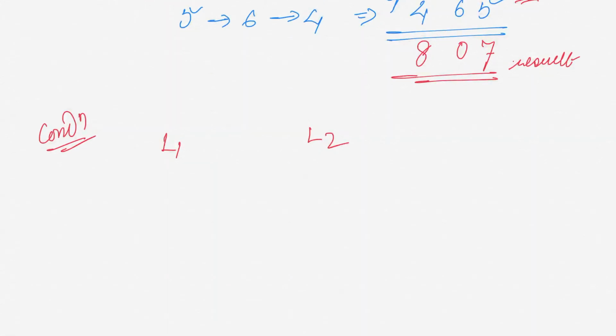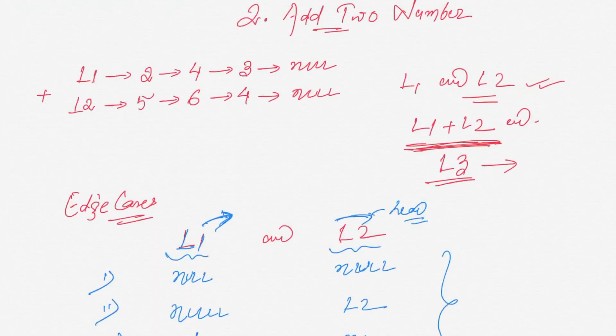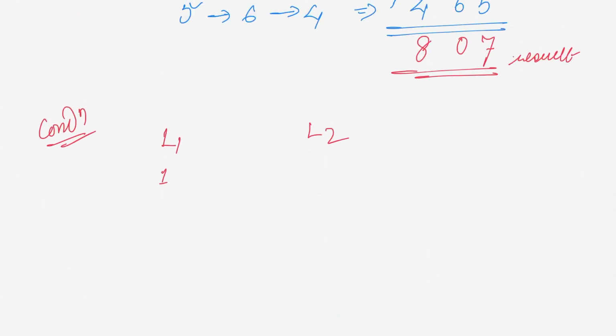There could be the case that L1 may contain only one item and then null, or L2 may contain 2 elements.